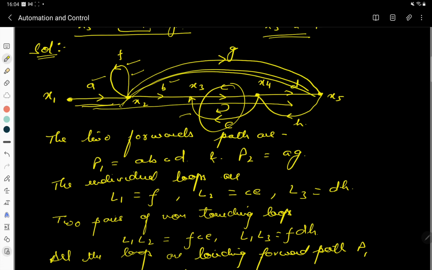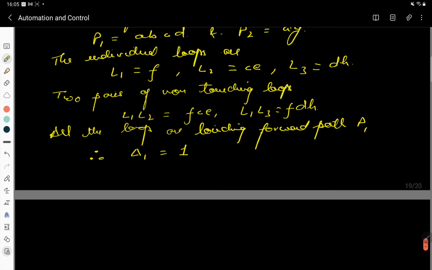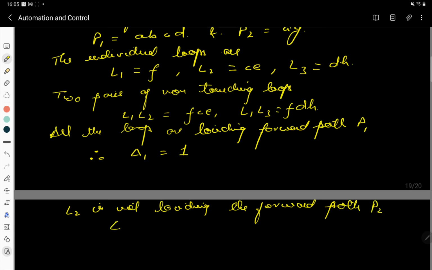The path is going from here, so the loop L2 is not touching the forward path P2. Therefore the path factor associated with it will be delta 2, which should be 1 minus CE. This is what I need to tell you in this example.